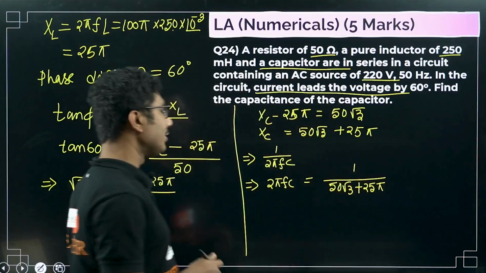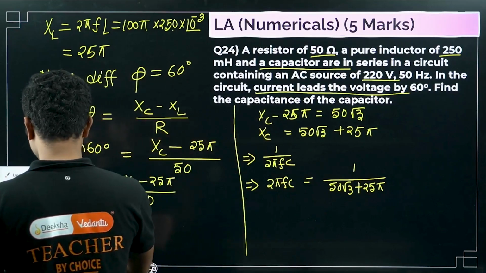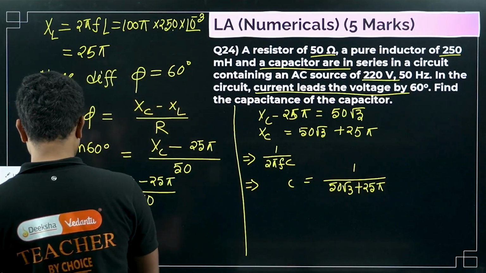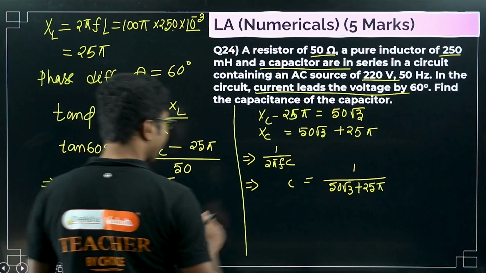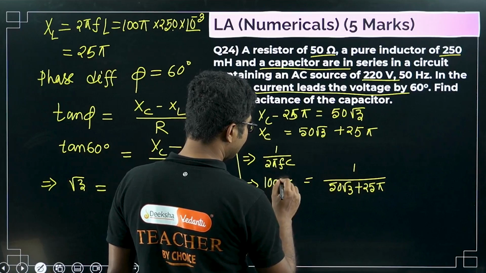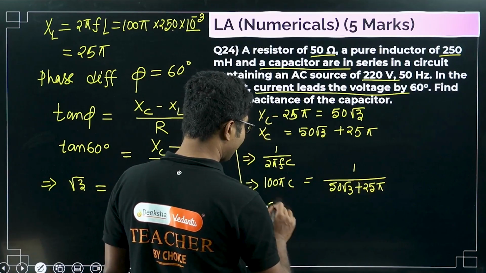You can put the values from there. Obviously 2 pi f is nothing but 100 pi, since f is 50, given. The most common frequency is f equals 50. So from there you can calculate the value of C using your calculators.